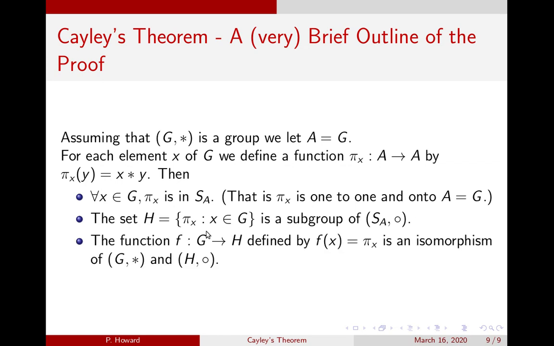And finally, we'd have to argue that this function f, defined by f of x equals pi sub x, is an isomorphism of the two groups.